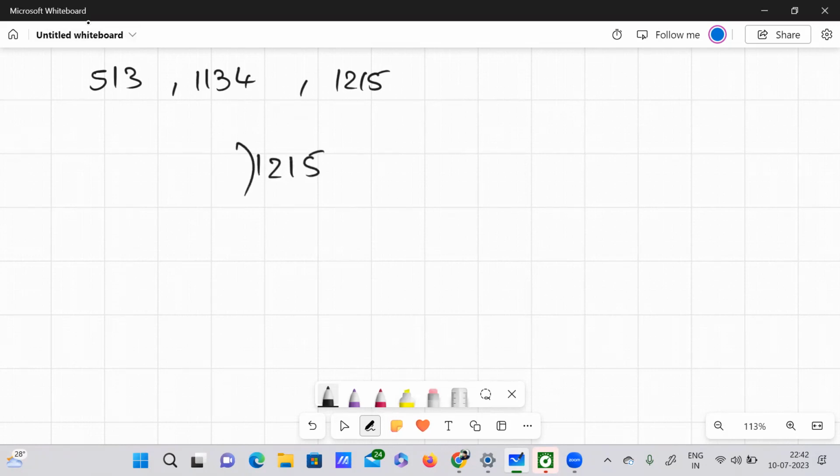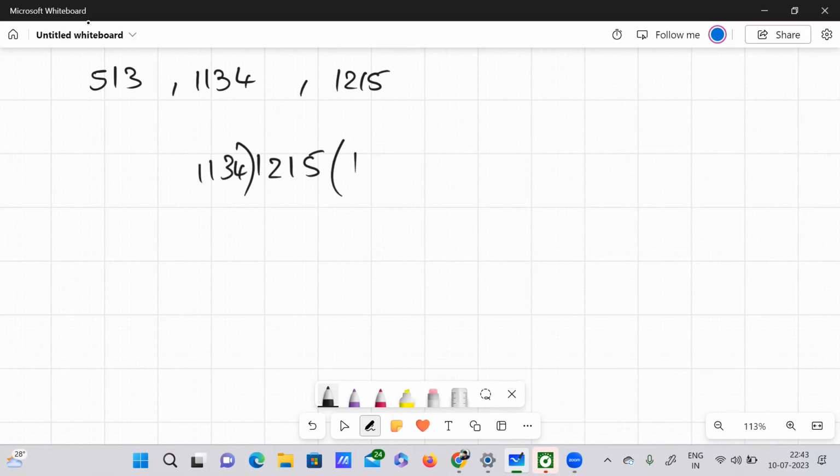Now you just need to divide it with the smallest number, or any other number. For example, I'm dividing this with 1134 maybe.